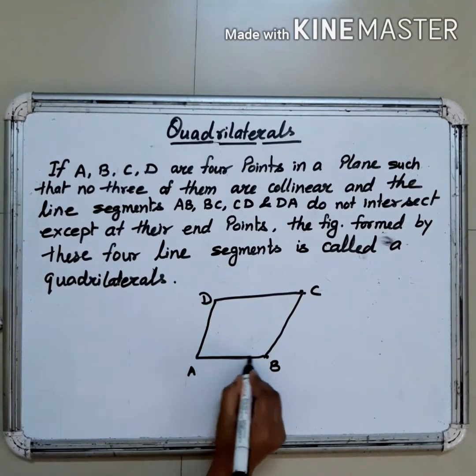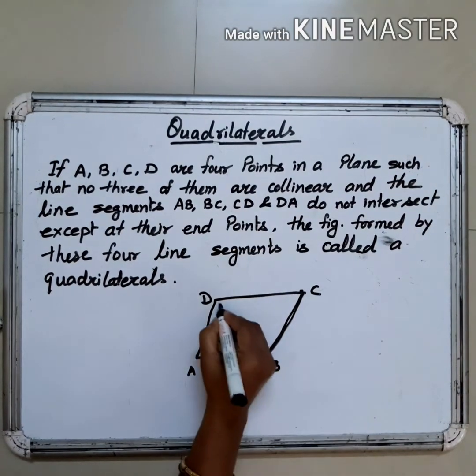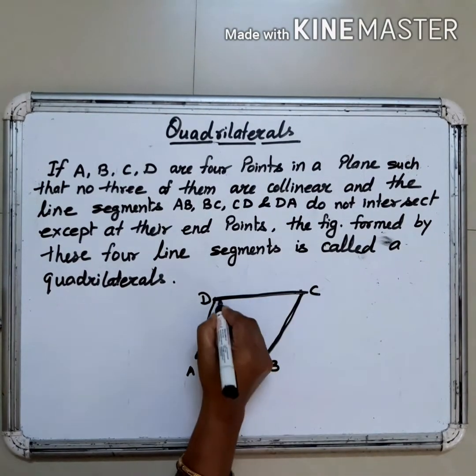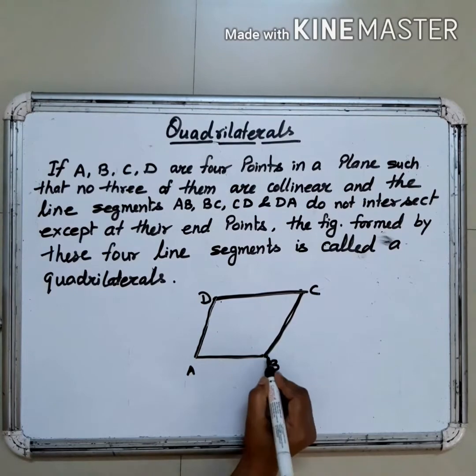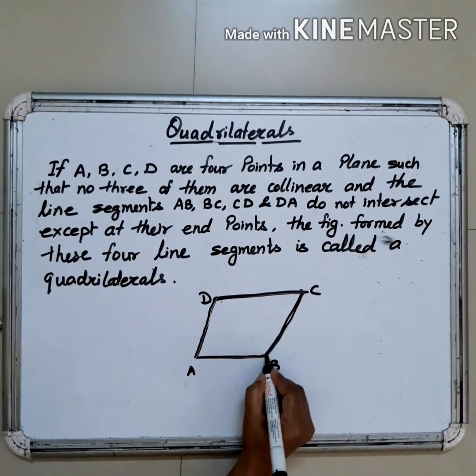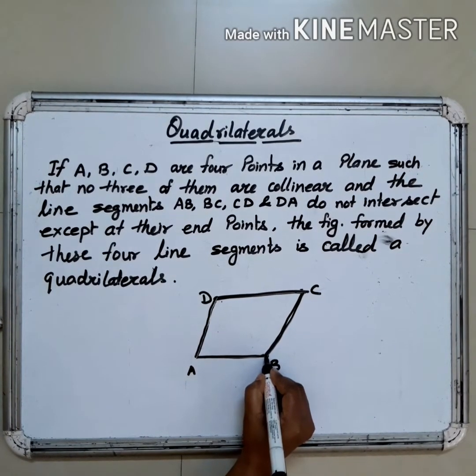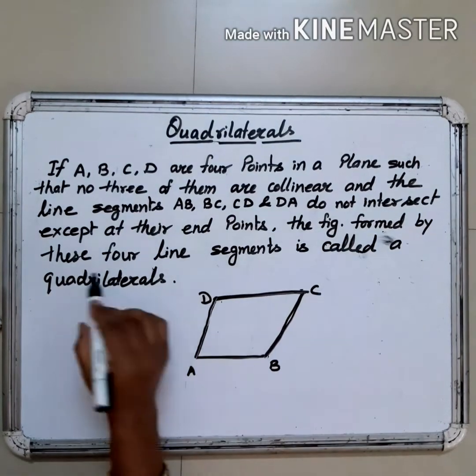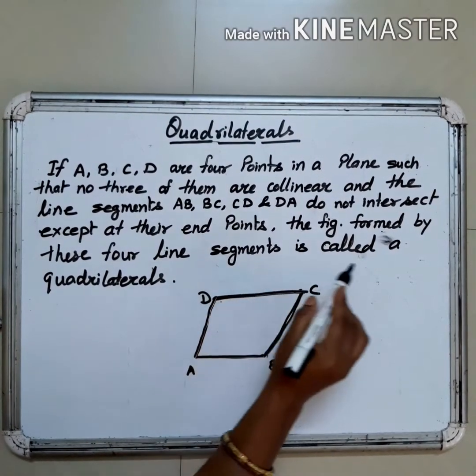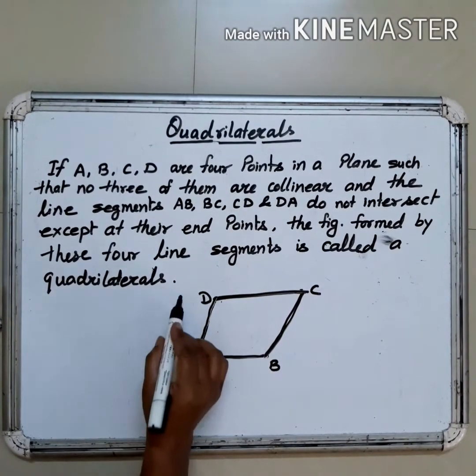All lines AB, BC, CD and DA intersect only at endpoints, not at any other point. The figure formed by these 4 line segments is called a quadrilateral.